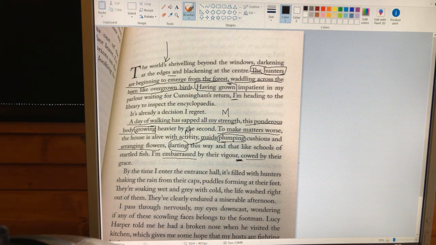They are totally equal, and they both describe the I in the sentence in an equal way, and for that reason these are coordinate participle phrases. And I want you to also notice the beautiful parallel structure with the embarrassed by their vigour, cowed by their grace. You've got that repetition of the by there, and that's why it sounds very nice. That repetition is quite poetic, and it shows good parallel structure.